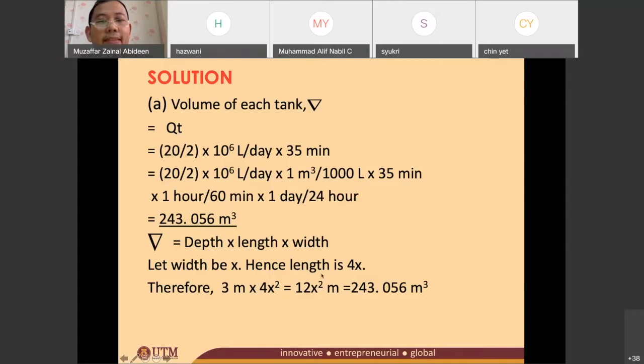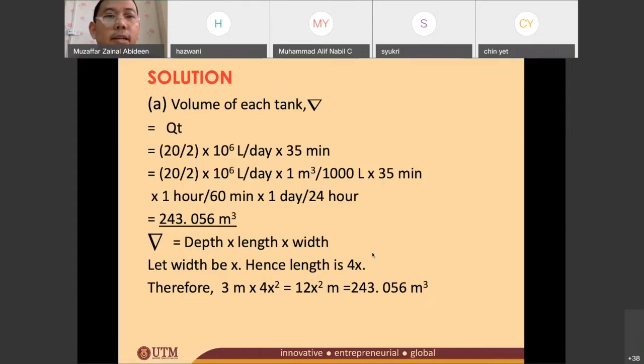And this value is equal to 243.056 meter cube. So it's a matter of solving for x. This value divided by 12, and then you square root it. So you'll be able to find your x, or your width. Then find the length of the tank.